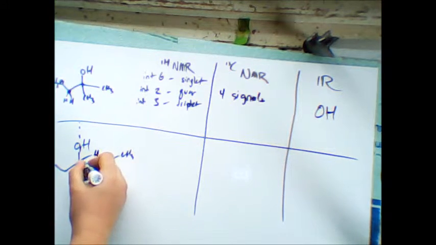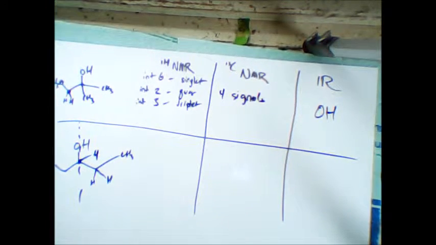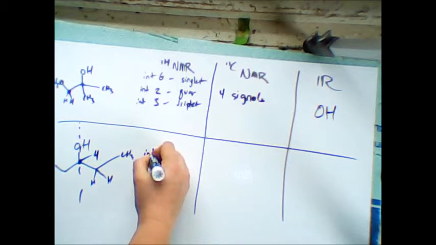So, starting with this guy here, he is going to have an integration of 1, and he is going to be not a triplet, he's going to be a quintet, because he does have a total of 4 neighbors. They're all the same, so they wouldn't couple to each other, but they are going to couple to him.